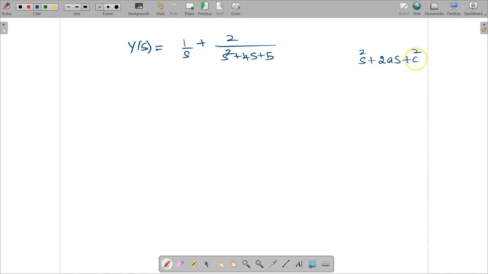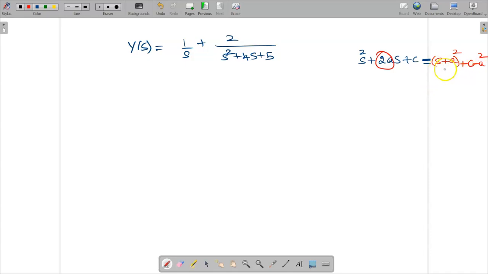Divide the s coefficient always by 2. So I can write it as (s plus a) the whole square, plus c as it is, minus this term whole square, that is a square.